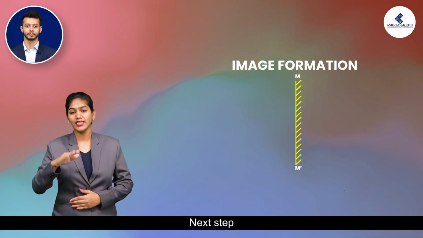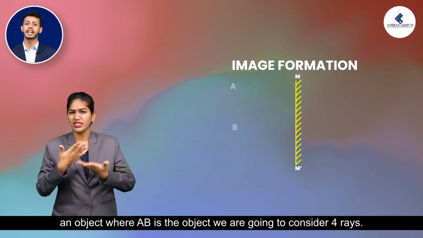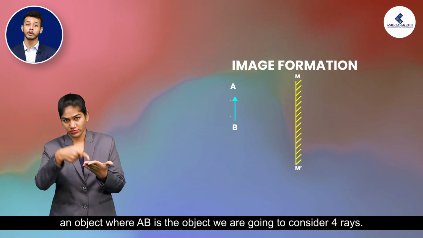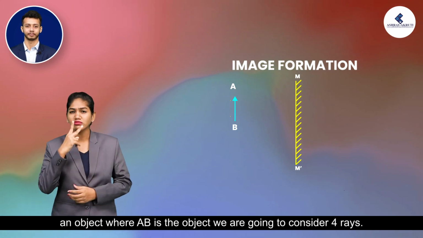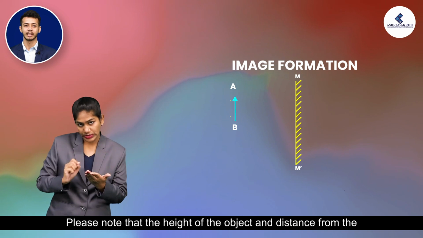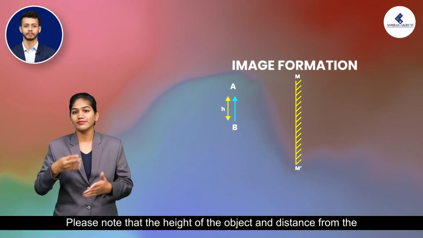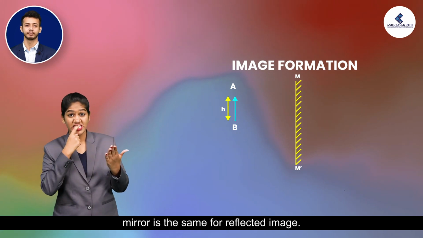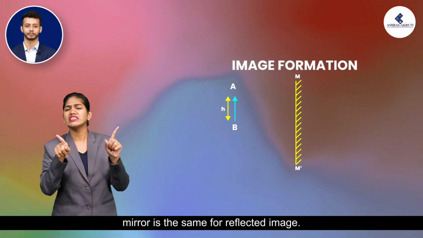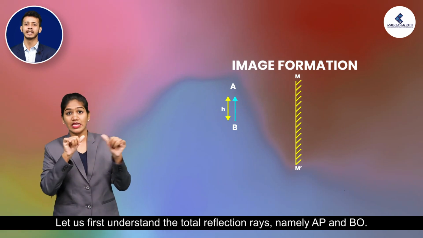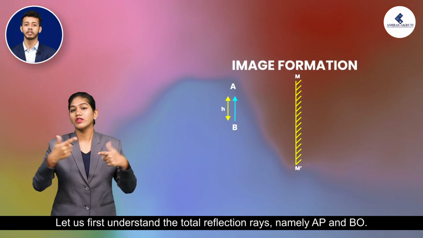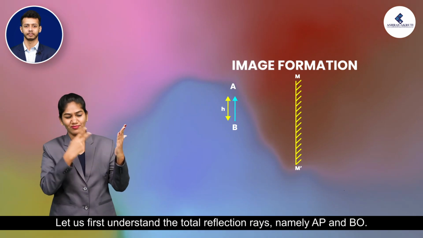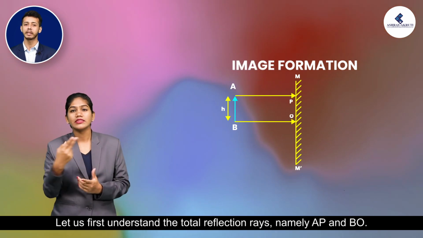Next step, an object where AB is the object. We are going to consider 4 rays. Please note that the height of the object and its distance from the mirror are the same for the reflected image. Let us first understand the normal reflection rays, namely AP and BO.